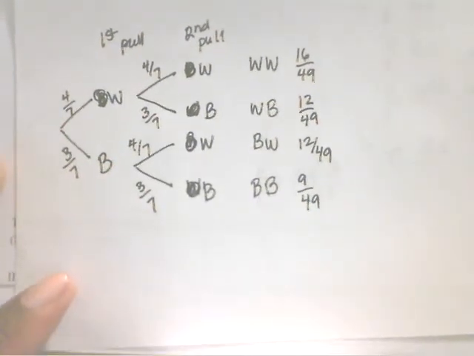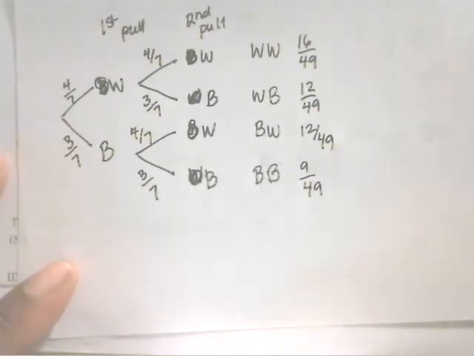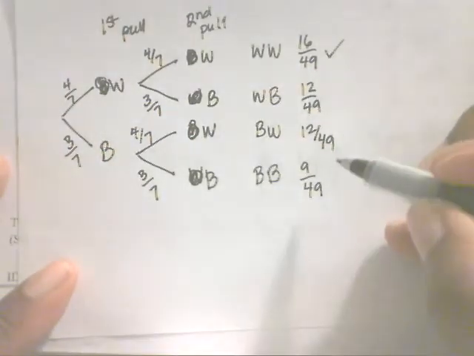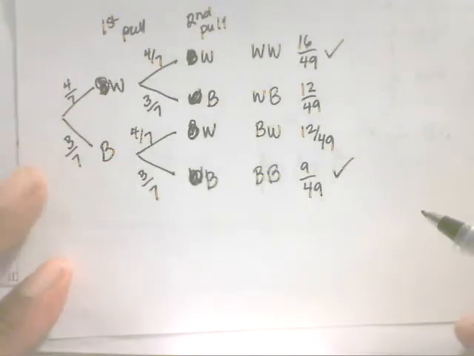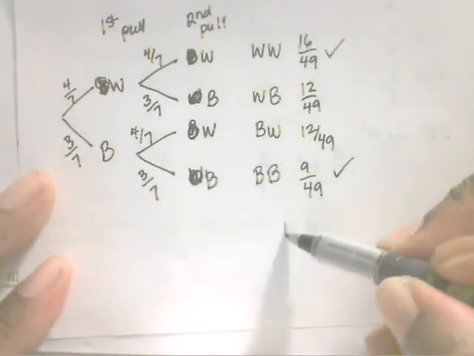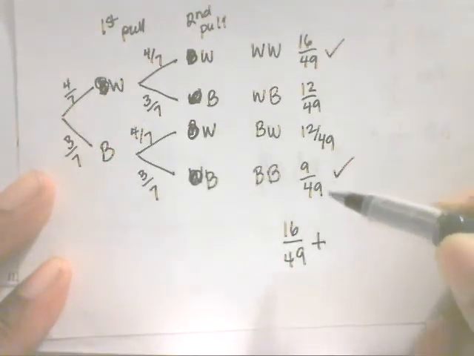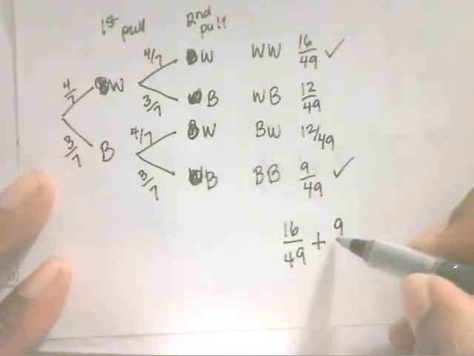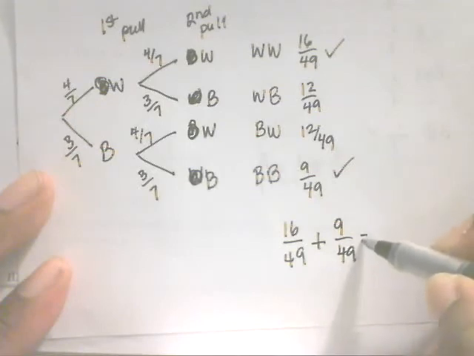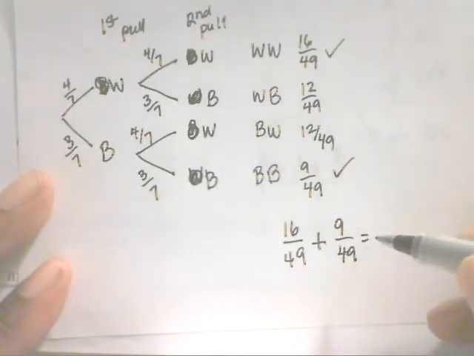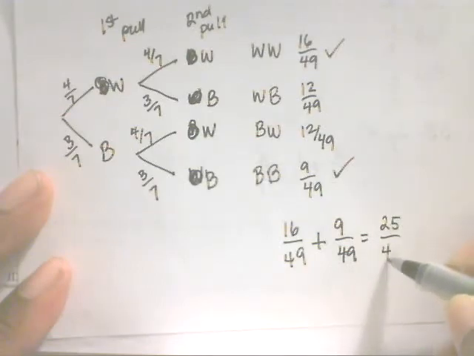We want the probability that the two balls are the same color. Here's one outcome, and here's the other outcome. The probability of pulling two white balls is 16/49, and the probability of pulling two black balls is 9/49. So 16/49 plus 9/49 is 25/49.